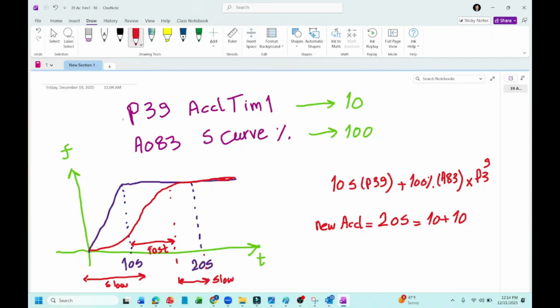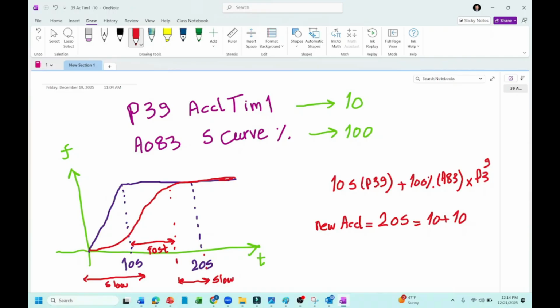First, let me remind you of P39, which is acceleration time, time one. Usually we put that at 10 seconds. That means how long it takes your motor to accelerate from zero frequency to the maximum frequency you adjusted. If you put 10, it speeds up and in 10 seconds reaches from zero to max, which is 50 hertz in my case.